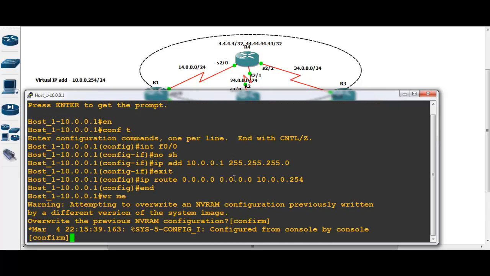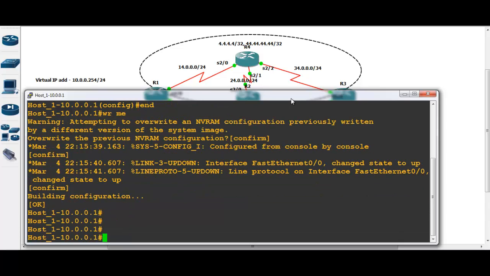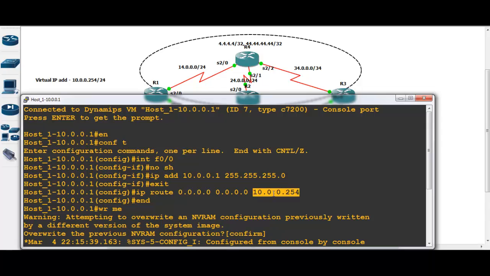The IP address is given and saved. See, this address is not the real gateway address. This is the virtual IP address, 10.0.0.24. Anything you don't know, you send to this address.